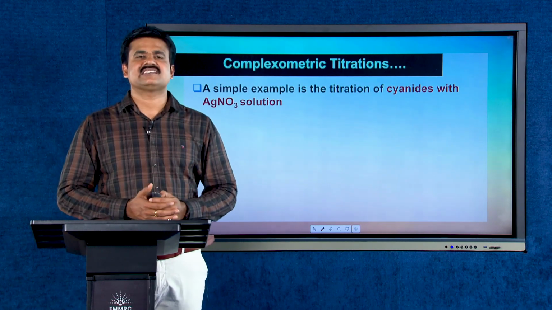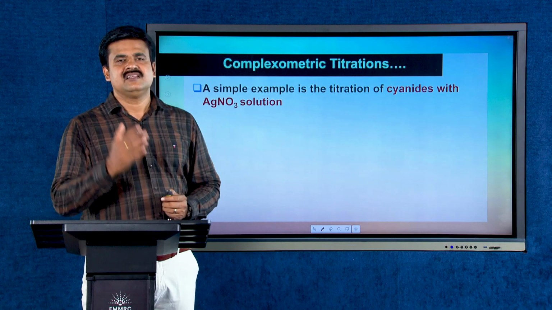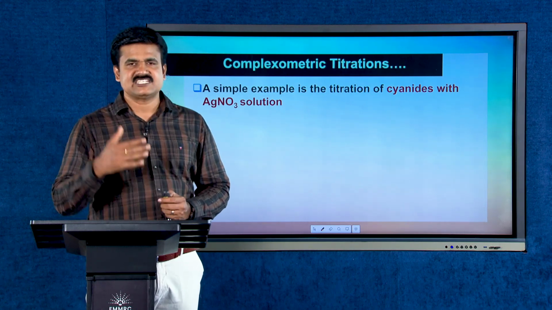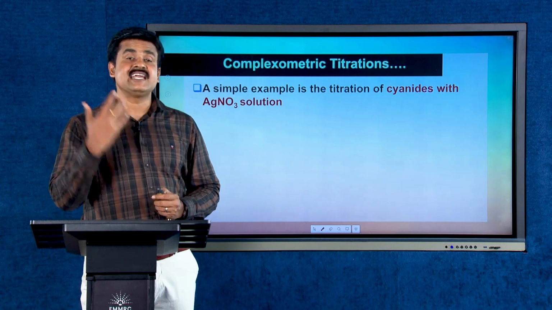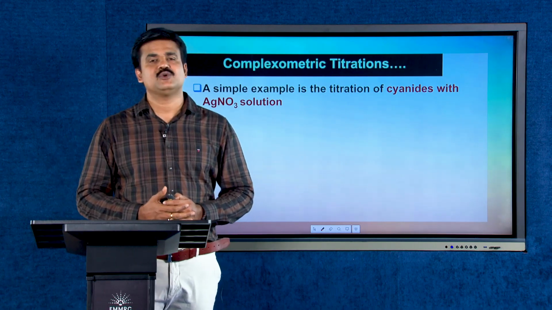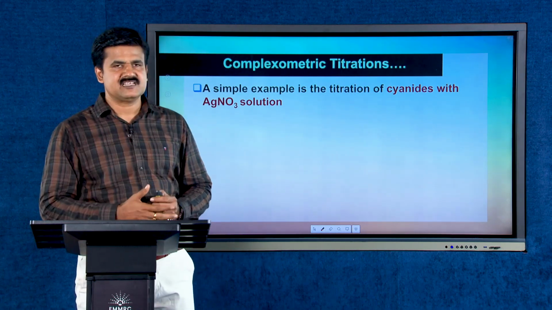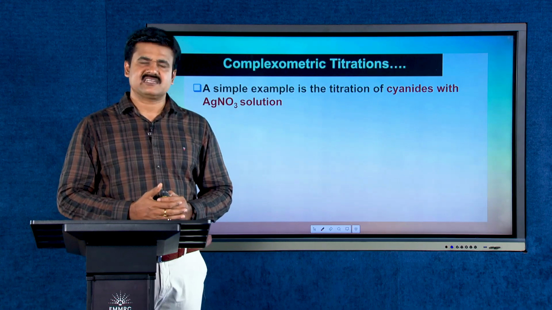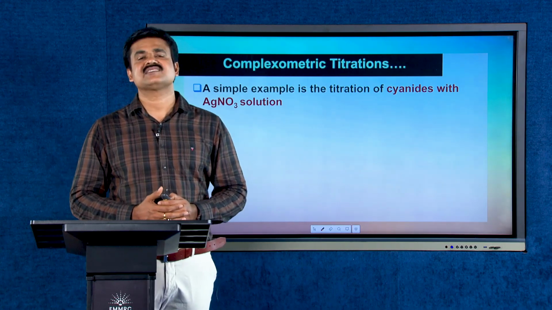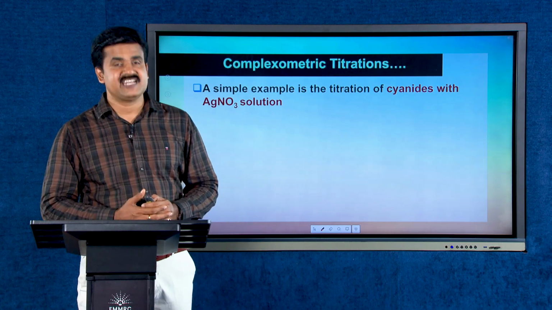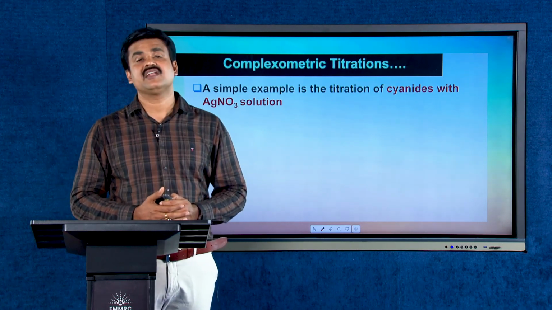A simple example of the complexometric titration is the reaction or titration between cyanide ions and AgNO3 solution. It is very clear that the Ag+ ion can act as the central metal atom or ion, and CN- or cyanide ion is an excellent ligand. It is a powerful ligand also.